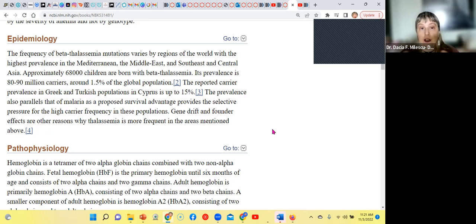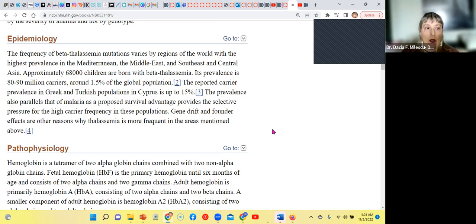And so Eastern Europe has a plethora of Baltic countries that share their genes, and a lot of them carry this particular genetic mutation. Beta thalassemia mutations are very prevalent in the Mediterranean, in the Middle East, Southeast, and Central Asia. Southeast Asia is very, very diverse if you look at the map.